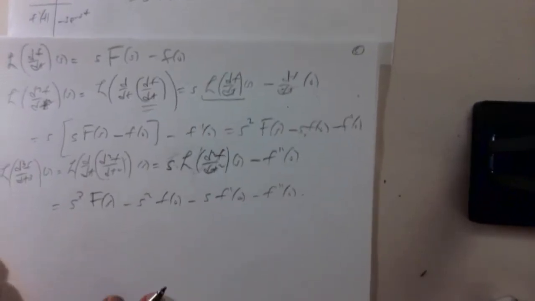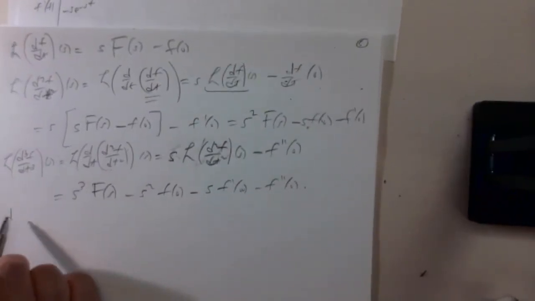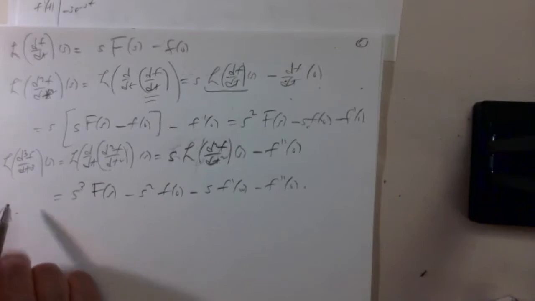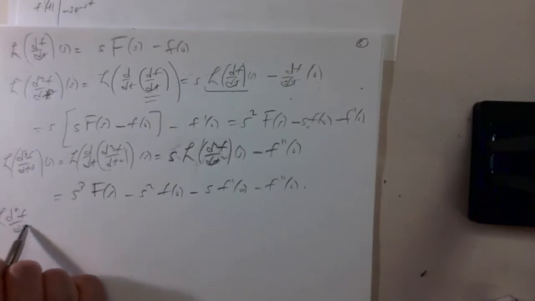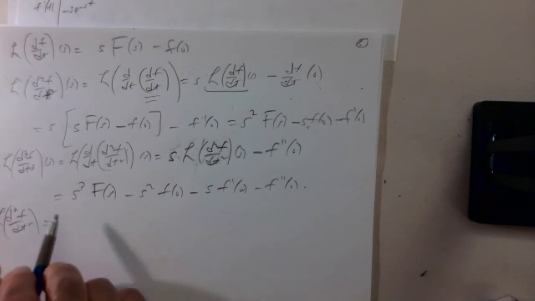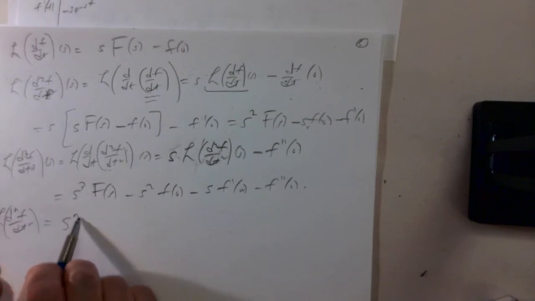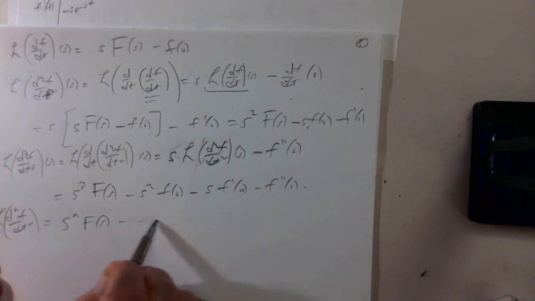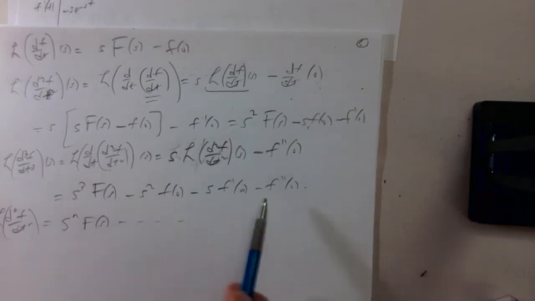And it should be easy to figure out how to get a general formula for the Laplace transform of the nth derivative of f with respect to t. You would expect this to be s to the n F of s and other terms which simply generalize this. But we're not going to consider any differential equations of order greater than 2.